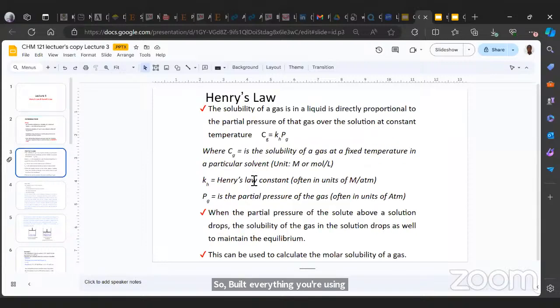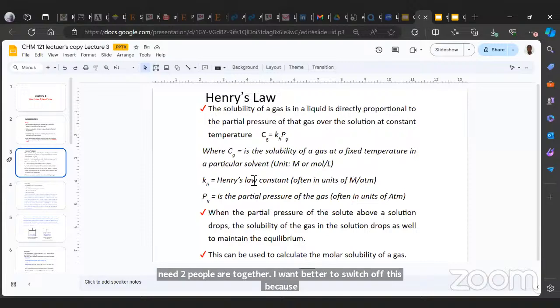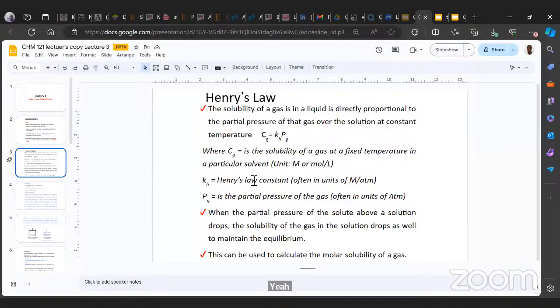So we move to the continuation of the lecture. We want to look more at Henry's law. Henry's law states that the solubility of a gas in a liquid is directly proportional to the partial pressure of that gas over the solution at constant temperature.